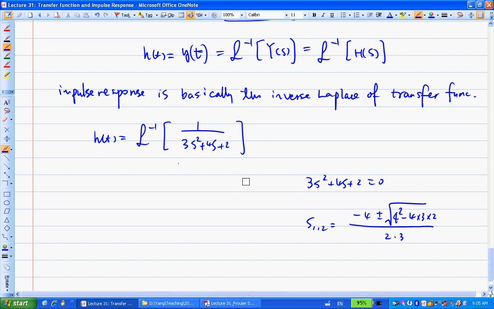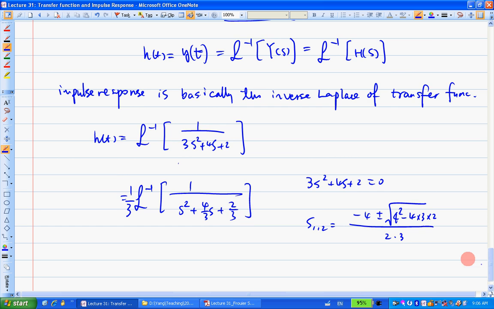The next step is you're going to have to make use of the table now. So first, transform the denominator into what we want. I'm going to take the 3 out, which is not very convenient, but with 1 over 3 here, the bottom becomes s squared plus 4 over 3 s plus 2 over 3.